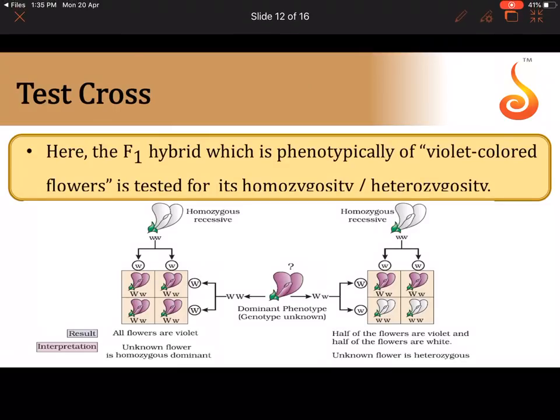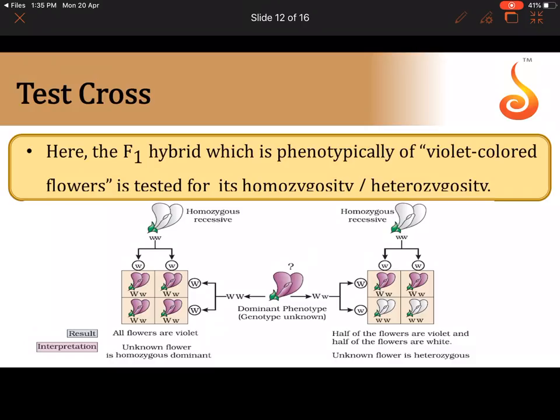See, this is the example for test cross that is given in the textbook. That's why I spoke of flower color. They've given a plant with violet flowers. You can see it with your naked eye, so you know the phenotype. What you don't know is whether it is homozygous or heterozygous. You conduct a test cross. What are you crossing it with? Small w, the recessive parent.